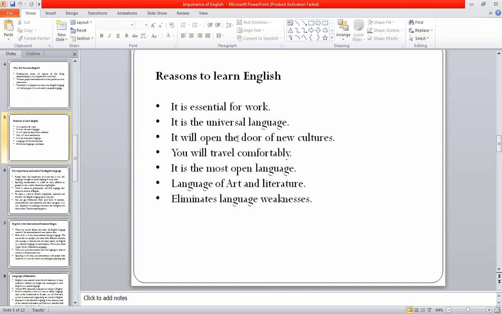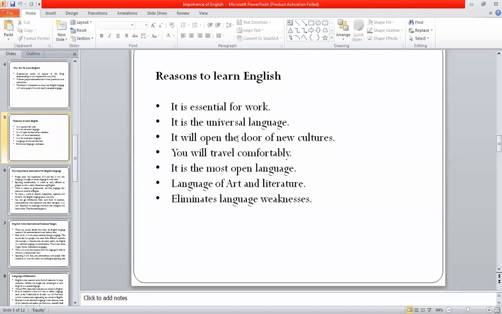And if you are using your mother tongue there, then if that person is native to India, he will speak to you in that language. But if he is not native to India, then it becomes difficult to communicate. Okay, so that's why it becomes important.